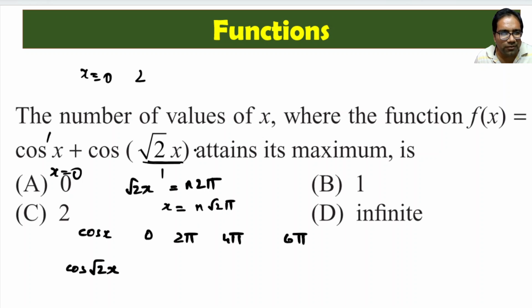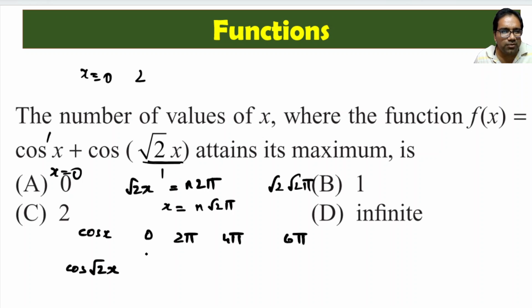If x is a multiple of √2π, then this cos √2x will be equal to 1. So for example, if n is 1, then x equals √2π, and √2 into √2π becomes 2π. Then cos √2x will be maximum.